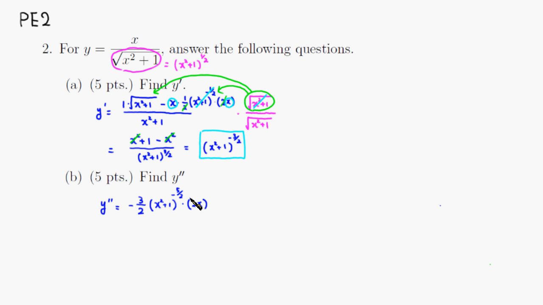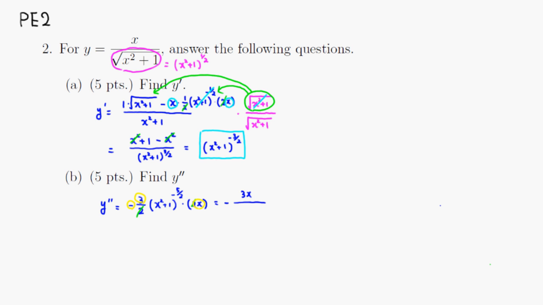Then we can simplify: we can cancel the 2 on top and the 2 on the bottom. So this is going to be equal to, there's a negative sign there, so I put the negative sign there. Then there's a 3 and also an x, so I'm going to put 3x on top.